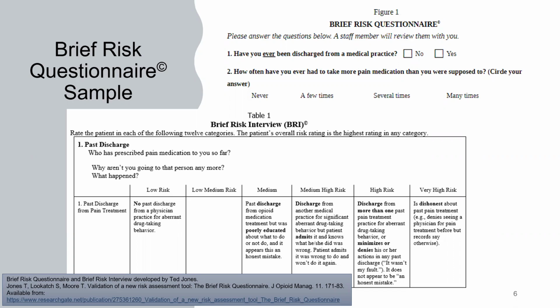But this is a really wonderful tool because it's very quick. Yes, no, it uses some Likert scales with never, a few times, several times, many. And both of these tools, you just simply score very quickly, and it's very intuitive. A higher score means higher risk, and it helps you hone in very quickly on what are modifiable risk factors and what are not.